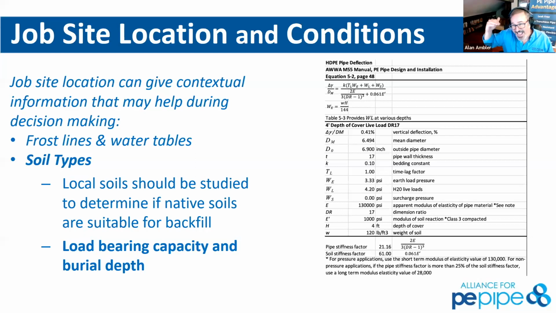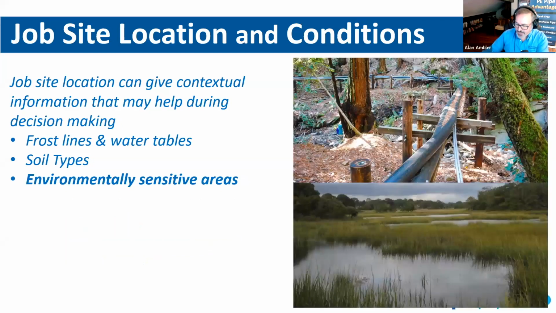And any of those installations from a DR7 to DR21 in pipe rating, you don't have to calculate anything. But if you did want to calculate and go through those things, the Alliance does maintain spreadsheets for you. We can help guide you through that with your project specifics and turn you loose on those as well.